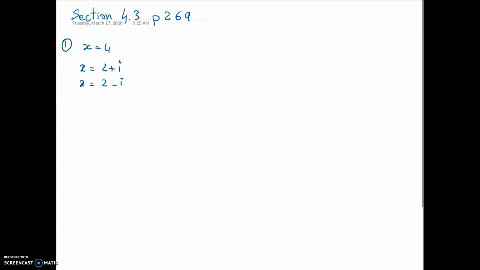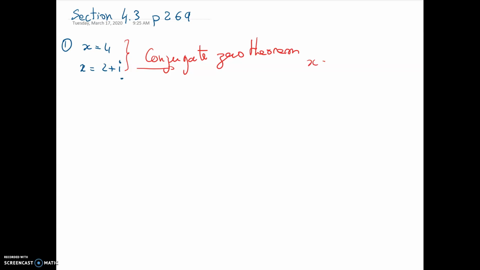So I would like to remind you that they are giving you x equals 4 and x equals 2 plus i. By using the conjugate zero theorem, we end up with x equals 2 minus i, also another zero.